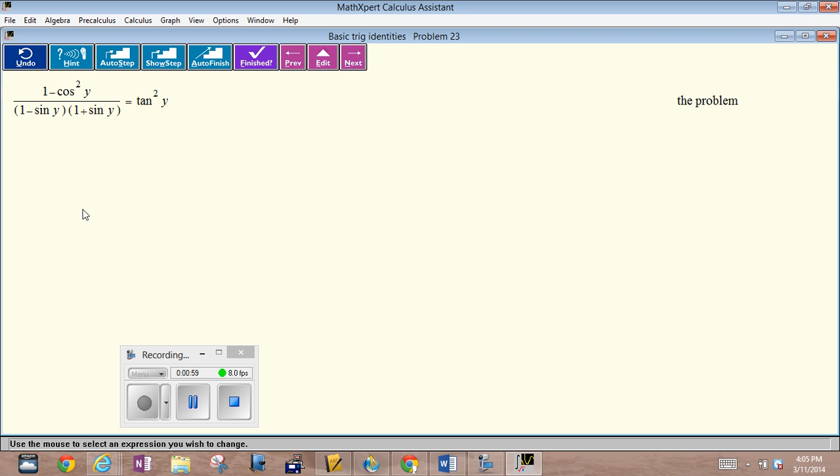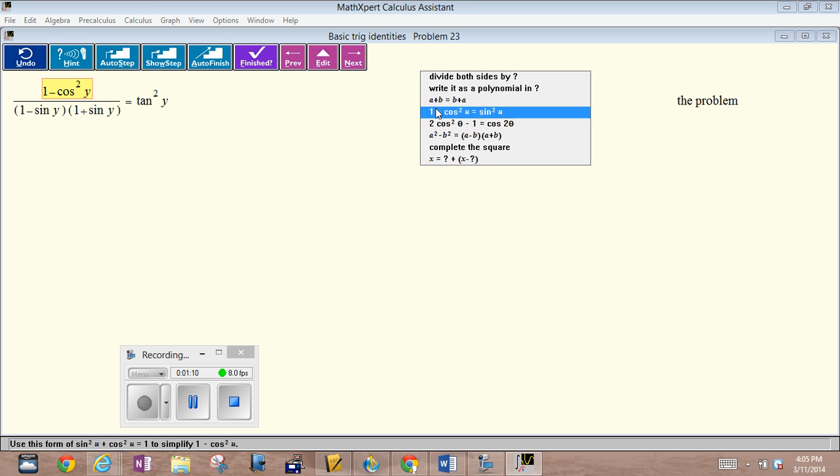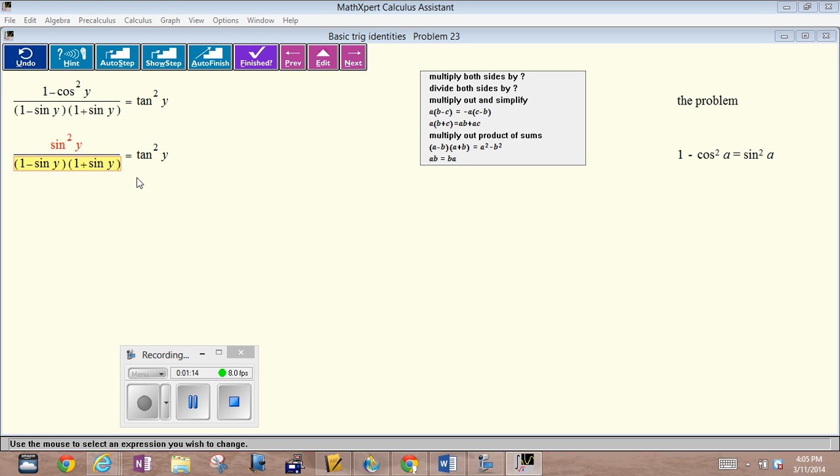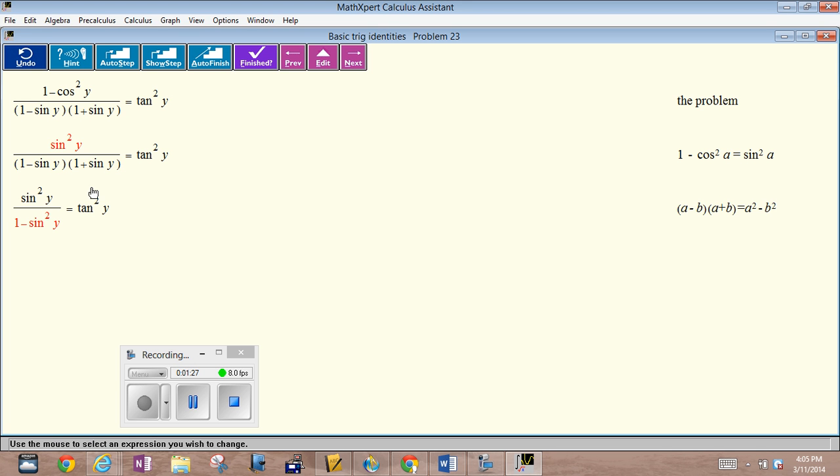Let's take a look at this one now. Okay? 1 minus cosine squared over 1 minus sine times 1 plus sine. Well, this looks like the sine squared. Yes, it is. And this looks like the sum and difference of binomials, which will go to 1 minus sine squared, so we're going to multiply that out right there.